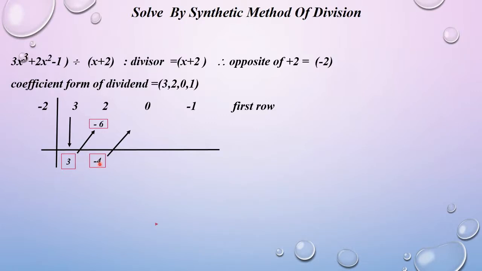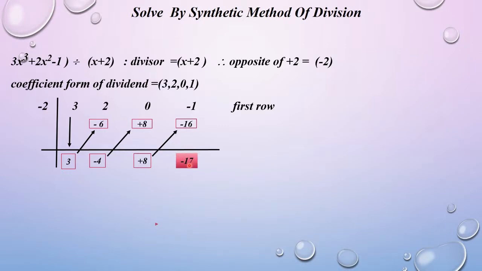The answer is plus 8, which will be written below 0, the next number. Adding 0 and plus 8, we get plus 8. Multiplying minus 2 and plus 8, we get minus 16, which will be written below minus 1. Adding minus 1 and minus 16, we get minus 17.